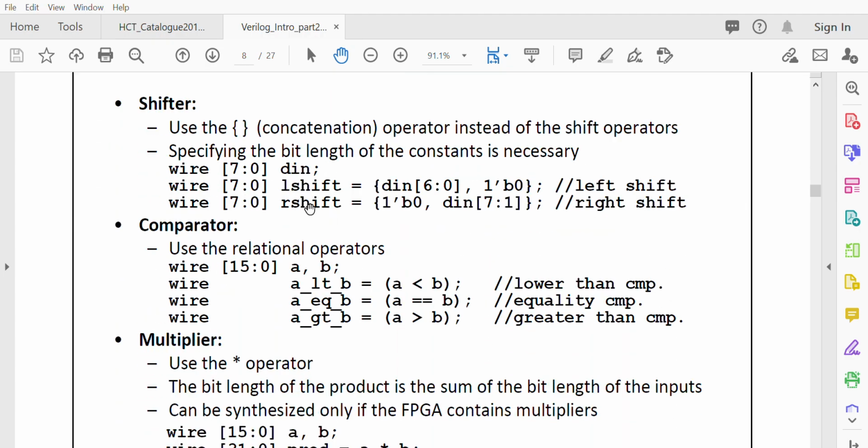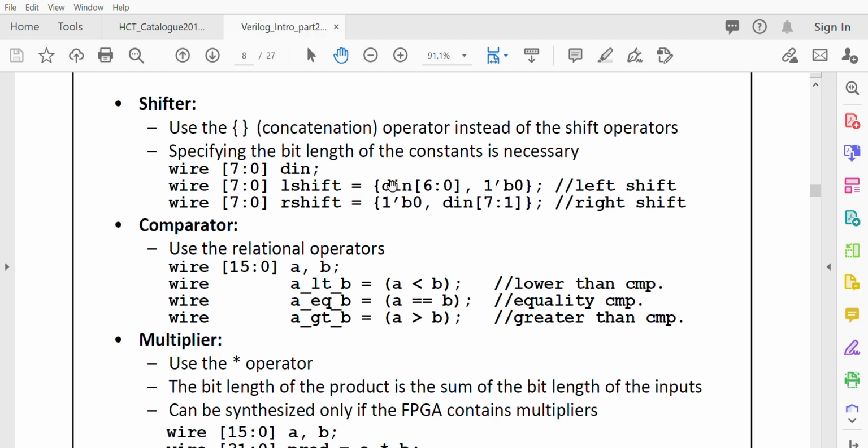A shifter. You can shift left or right, and shifting is very simple because it's just a concatenation of certain bits. For the shift right, you are sending the data right. For the shift left, you are sending the data left. And then you are padding with zeros.